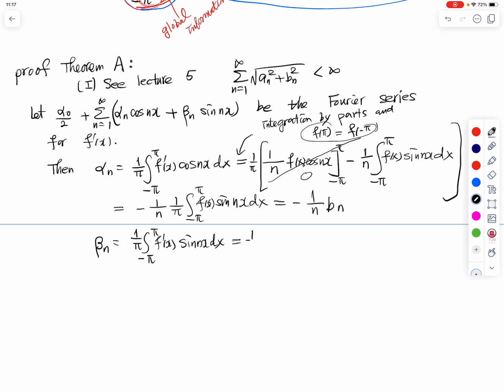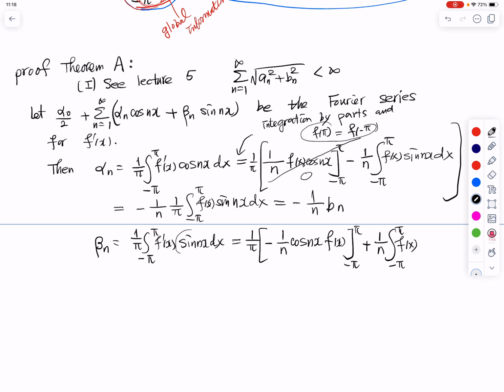So 1 over pi, that would be minus 1 over n cosine nx f of x, evaluated from minus pi to pi, and then minus, and the derivative should be plus, that would be 1 over n integral from minus pi to pi f of x.